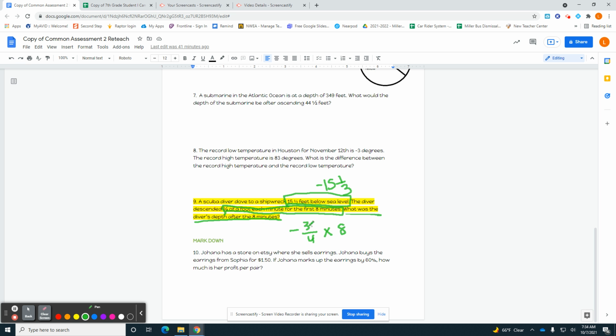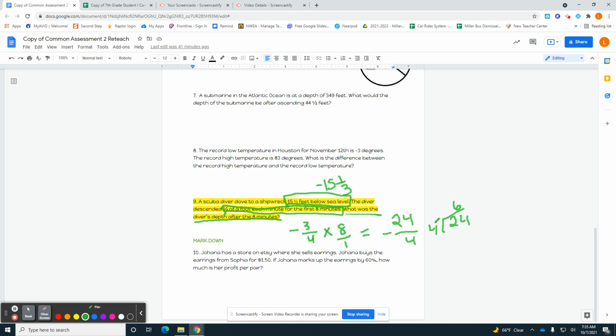Okay. So now we're going to multiply these. Multiplying fractions, I feel, is super easy. Negative 3/4 times 8. First of all, we have to put a 1 under our 8 to make it a fraction. So now we have 3 times 8, 24. 4 times 1 is 4, and that is a negative. So I can simplify this. 24 divided by 4 is 6.